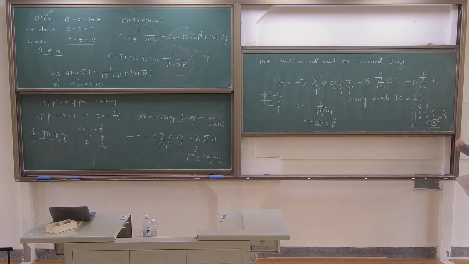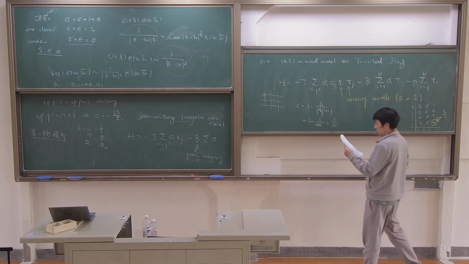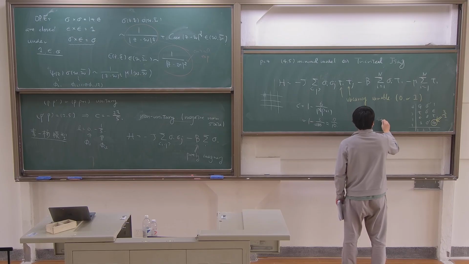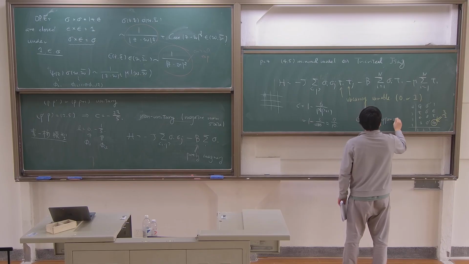And then G is very important. G of z is called the supercurrent.